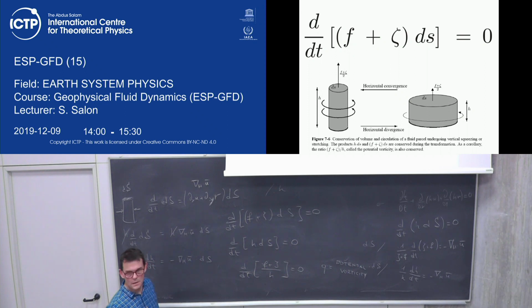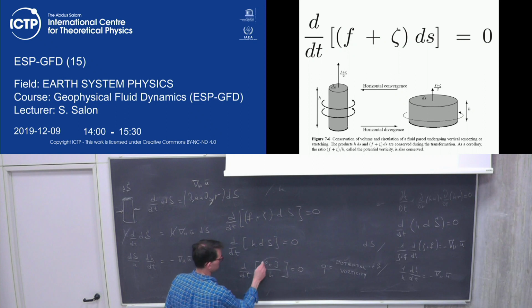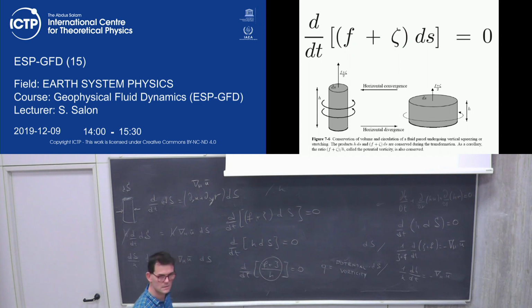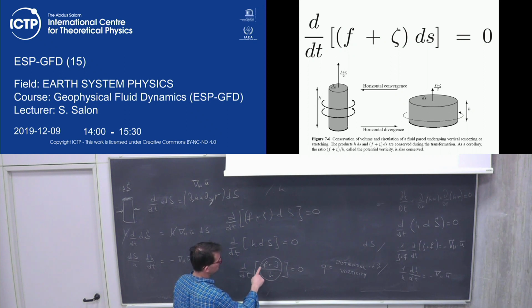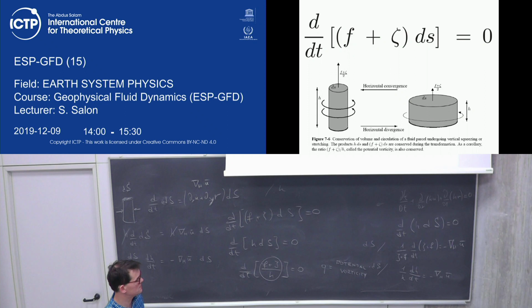Where is the potential vorticity? So the potential vorticity is defined by this term here. Okay? So it is the ratio between the total vorticity and the h. The ratio between the two.